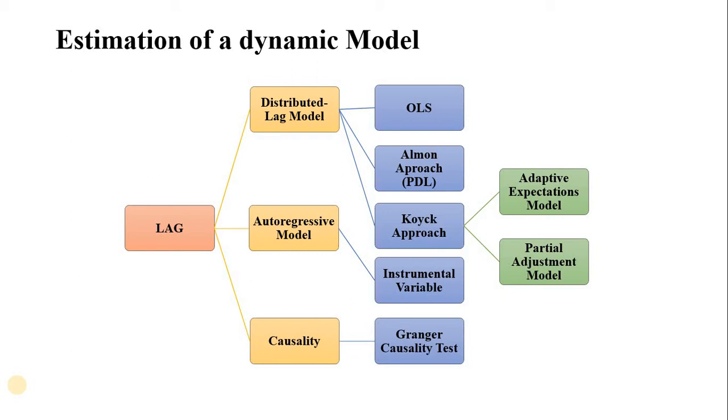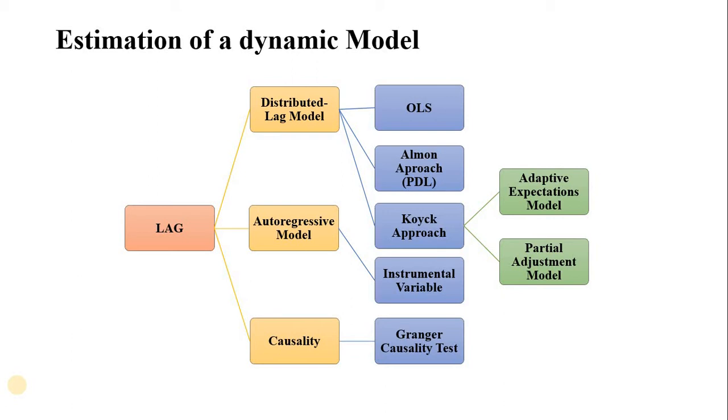So OLS is not the right choice when we have a lagged variable in our econometric model. There are a large number of different methods available, so we will look into what these methods are.